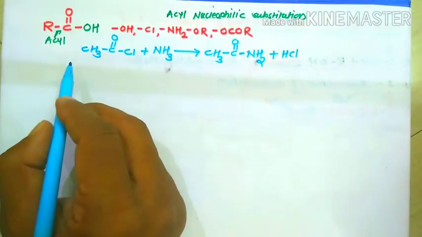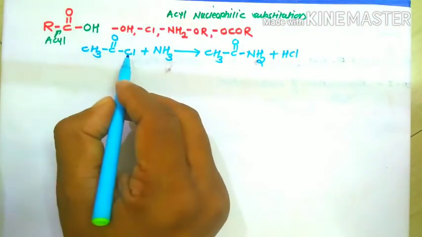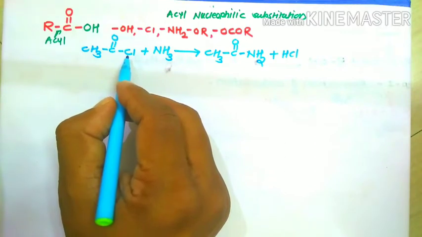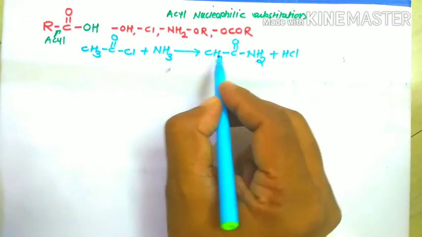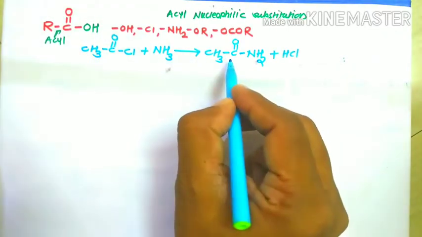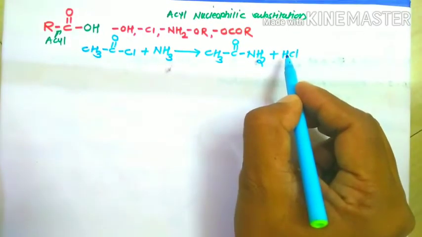In this reaction, the chloride ion is replaced or substituted by the amide ion to convert acid chloride to acid amide with elimination of HCl molecules.